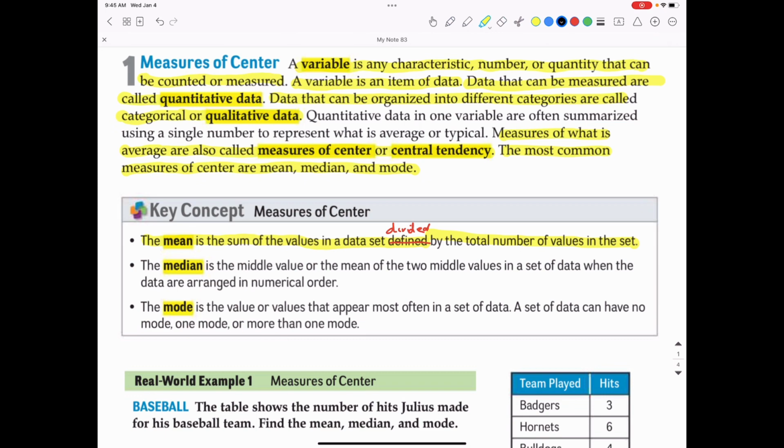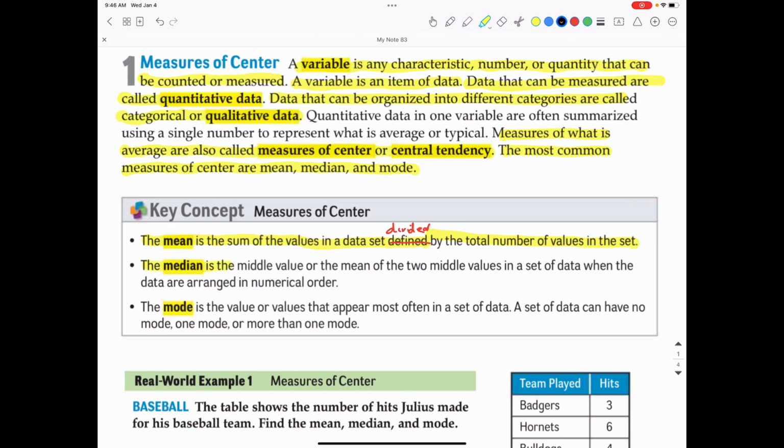In statistics, this is specifically the mean of the data set. Try to avoid referring to anything as an average, because technically the mean, median, and mode are all different ways to compute the average, but the mean is the way that you probably think of it, where you add all the pieces of data together and divide by how many there are.